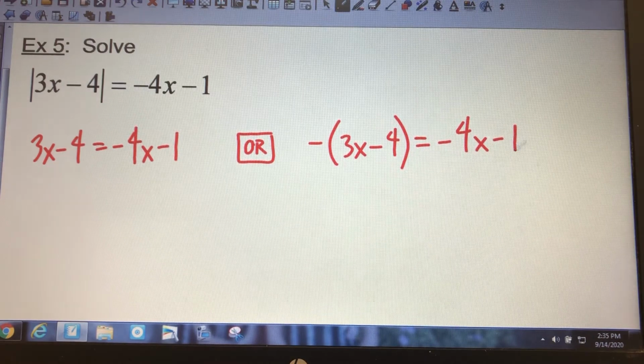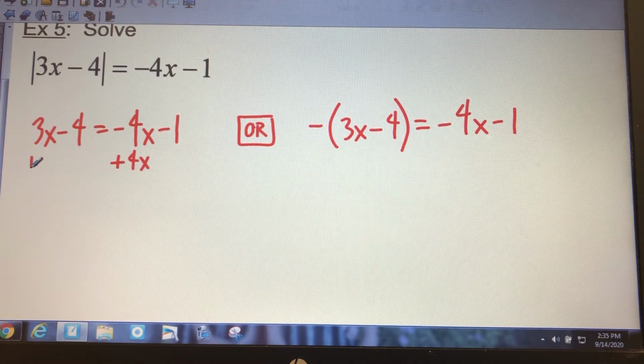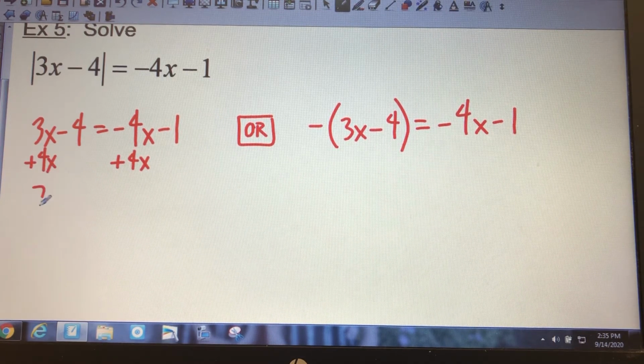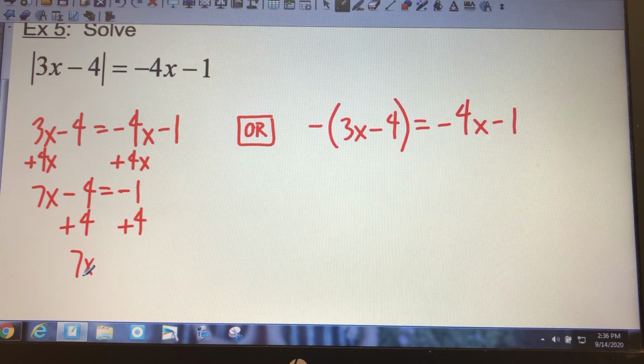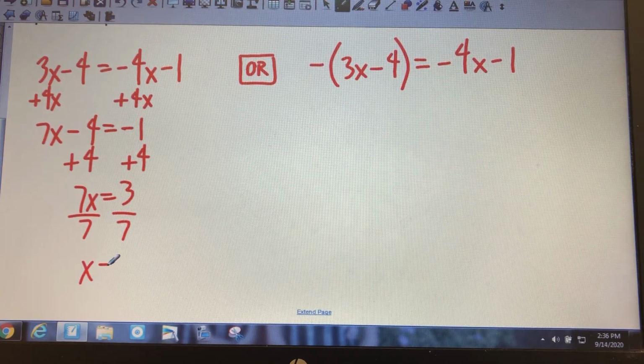So here we have the x's on both sides, so we need to get them together. I always like to bring my x's to the left side, so I'm going to do that. Okay, so add your 4 at that point and divide by 7. Now I'm not going to box this one off yet because potentially it might not work. Okay, so I'm just going to hold that thought there.